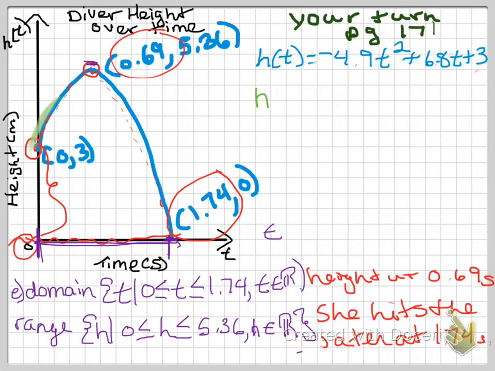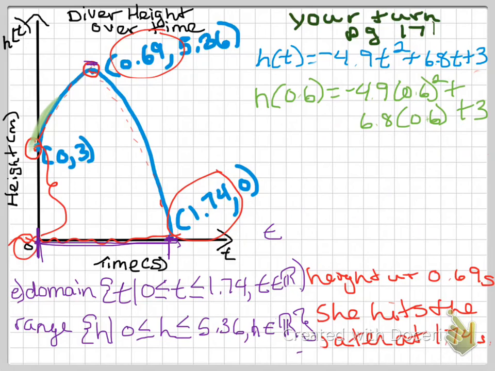So our h of 0.6 equals negative 4.9 times 0.6 squared plus, and although we shouldn't do this on your paper, make sure you're doing it in a line, I'm just going to come down to the next line because I am running out of room, 6.8 times 0.6 seconds plus 3.